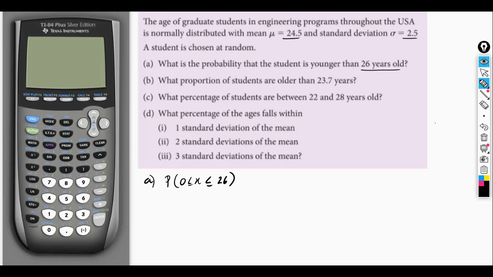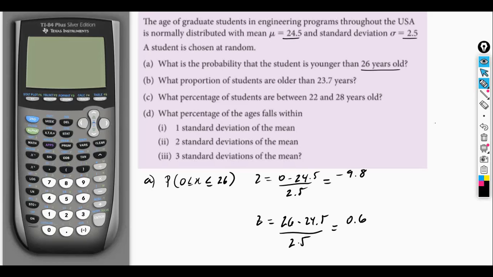So for 0, the z-score is going to be 0 minus 24.5 divided by 2.5, and this is going to give us negative 9.8. So that's going to be the lower bound. For 26, the z-score is going to be 26 minus 24.5 divided by 2.5, and this is going to give us 0.6.